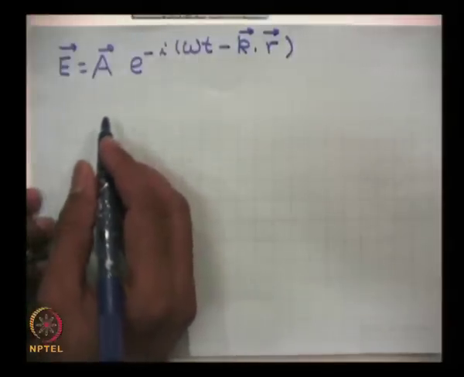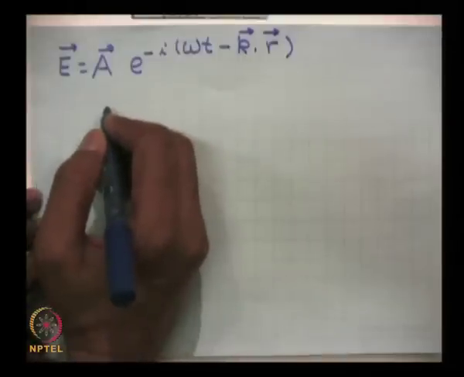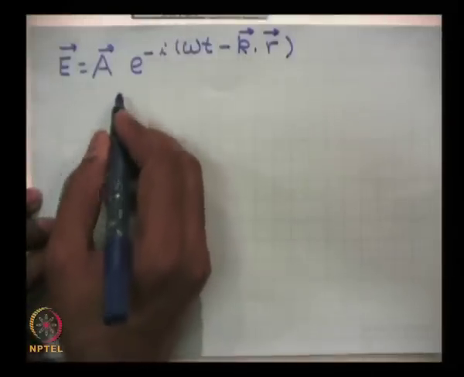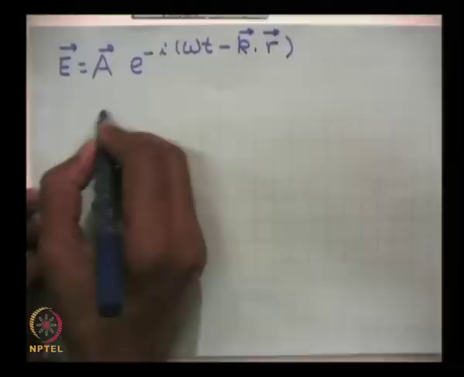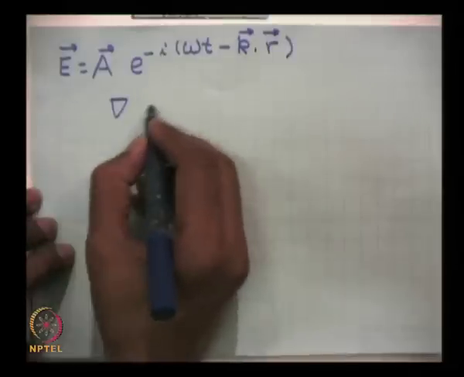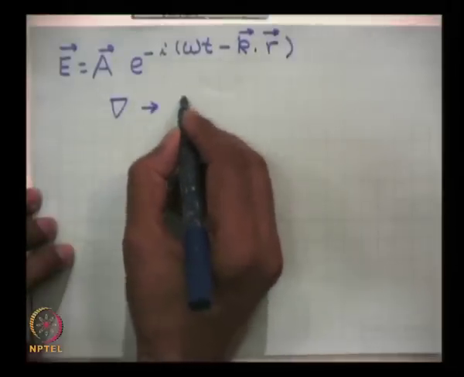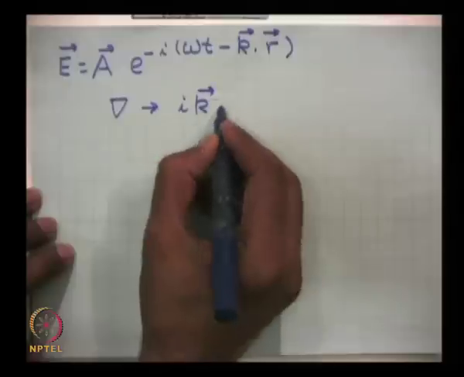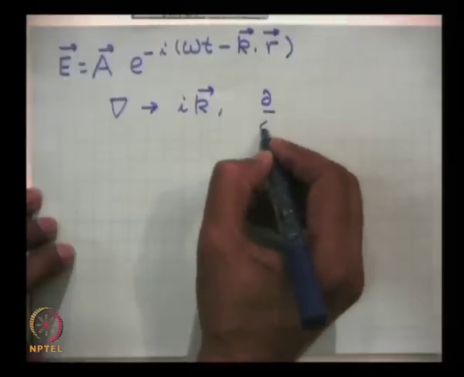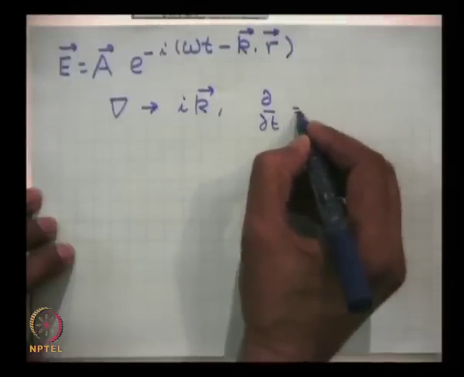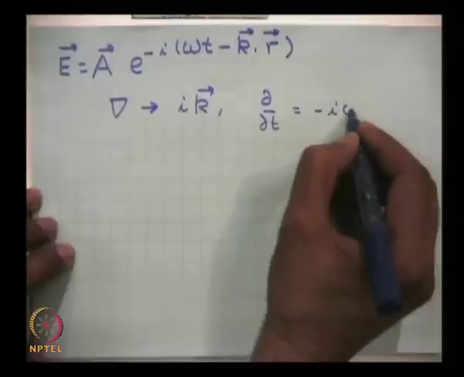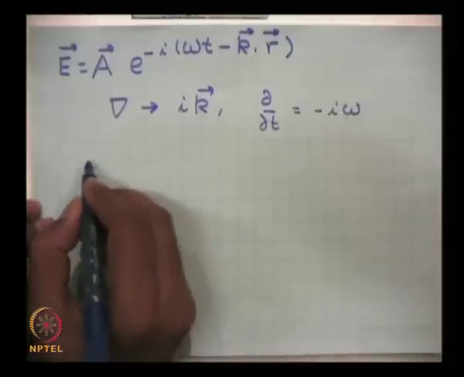We considered third and fourth Maxwell's equations, and those equations, on replacing del operator by I k and time derivative as minus I omega, take the following form.